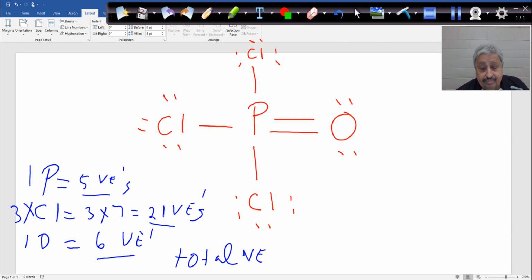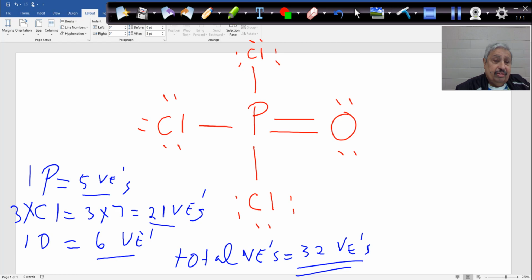Total VEs involved are 32. So using this total valence electron count, let's double check that ours are correct. Let's count them just for this example. 1, 2, 3, 4, 5, 6.